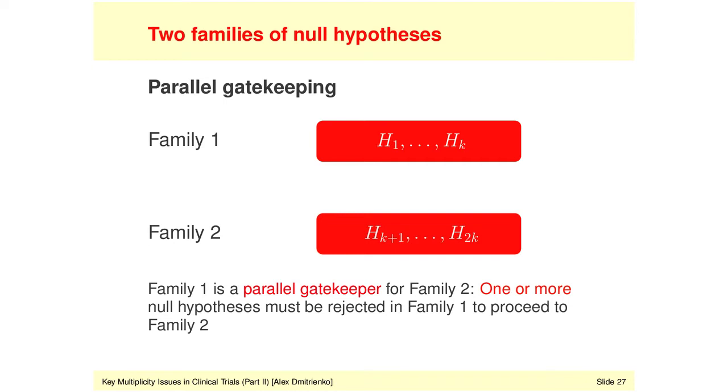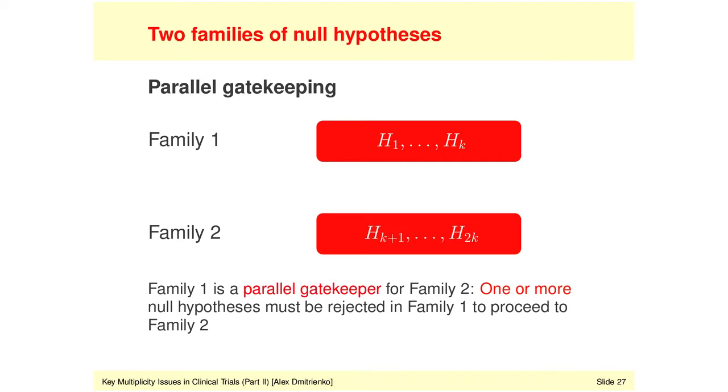The general structure of a simple two-family problem is presented on the slide. We assume again that we're dealing with two families of null hypotheses, and if family 1 is assumed to be a parallel gatekeeper for family 2, this implies the following condition. One or more null hypotheses must be rejected within this parallel gatekeeper, or family 1, to proceed to family 2.